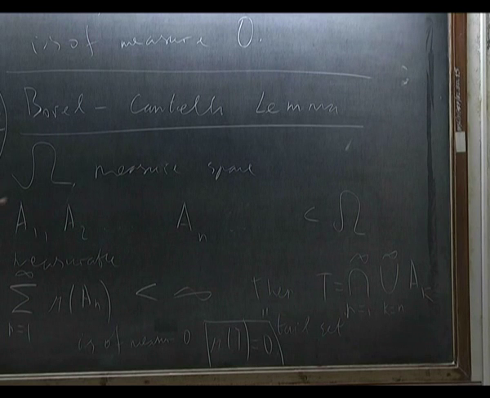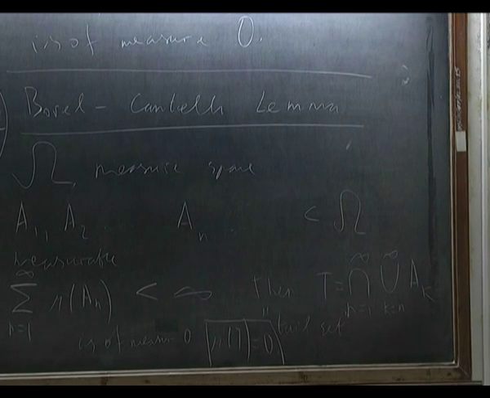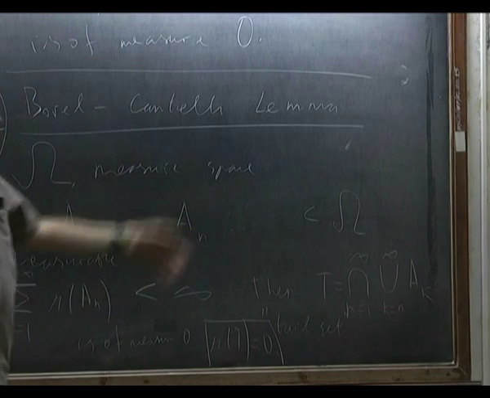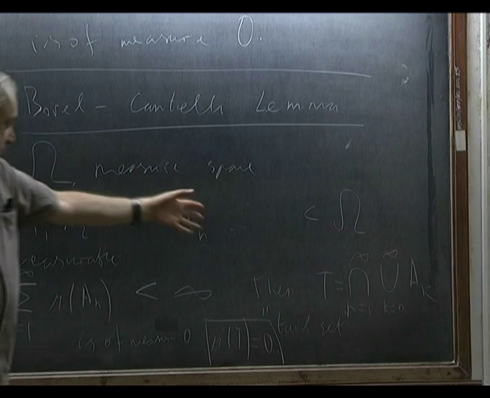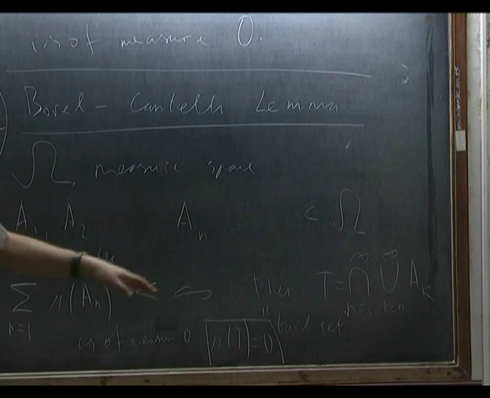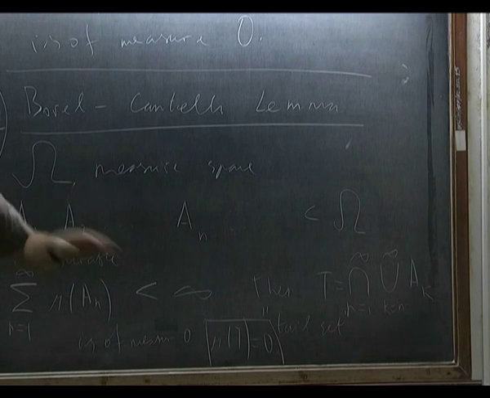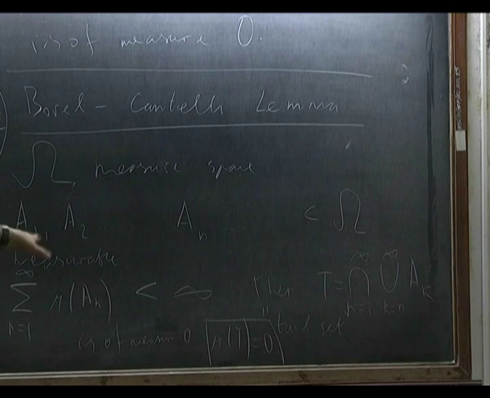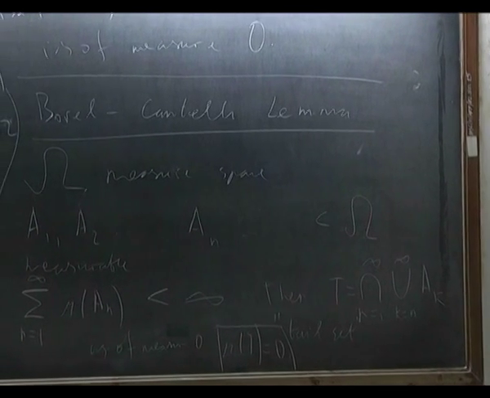So if it is not just a measure space but a probability space, and the series diverges, and one assumes in addition that these, we can call them events, are independent, then the tail set is of measure 1. This we don't need. I don't want to speak on this, so the first statement is sufficient for us. Good. Then the proof is pretty obvious.